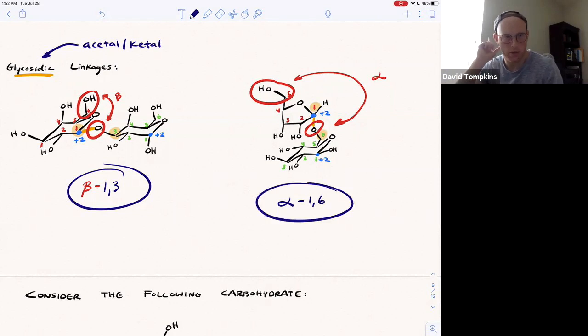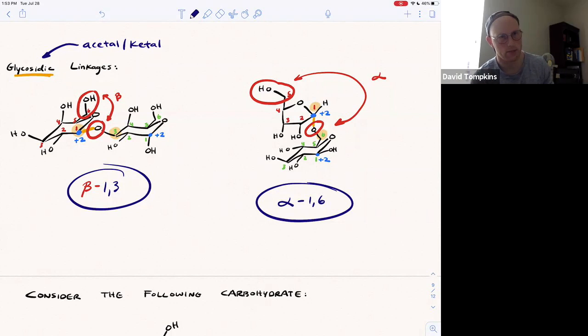Okay, and we know these glycosidic linkages are formed during the reaction between an alcohol and some sort of hemiacetal, right? And we've done those mechanisms previously. And upon addition of water and acid to these compounds, they will hydrolyze into monosaccharides, okay?